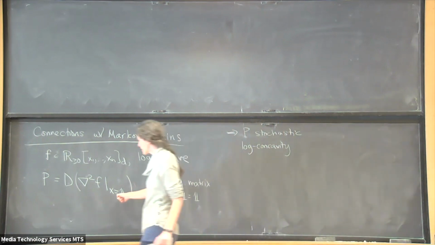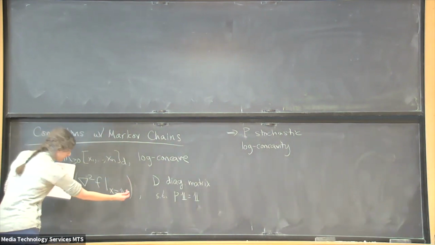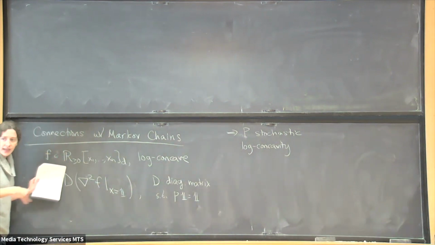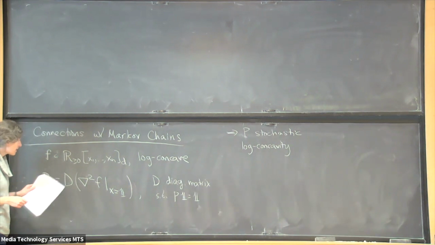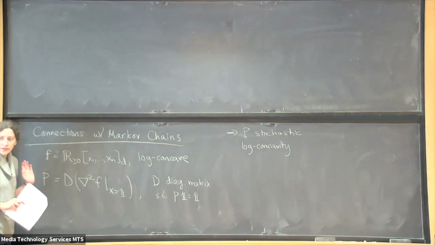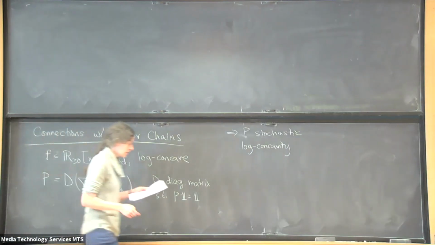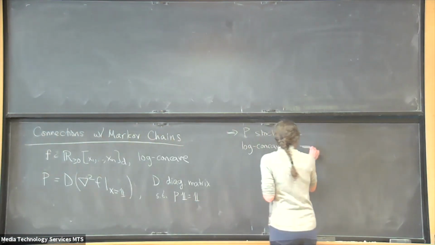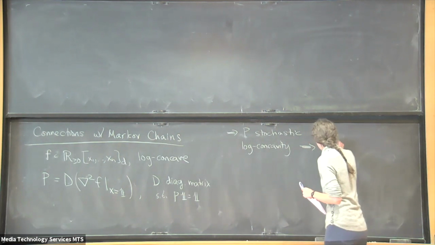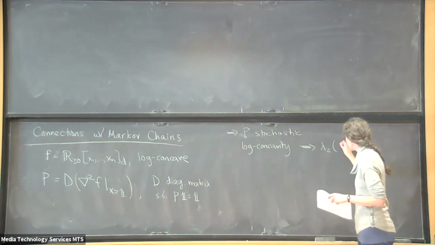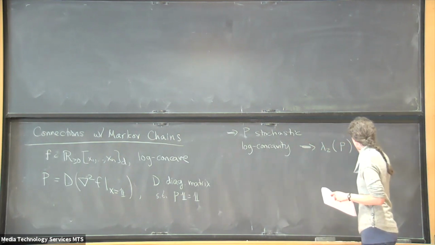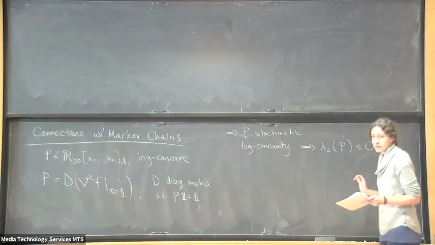And by log concavity of F, this matrix has at most one positive eigenvalue, and if I multiply the rows by non-negative numbers, it doesn't change the signature of the matrix. So this will still be true: the second highest eigenvalue of this matrix P is at most 0.